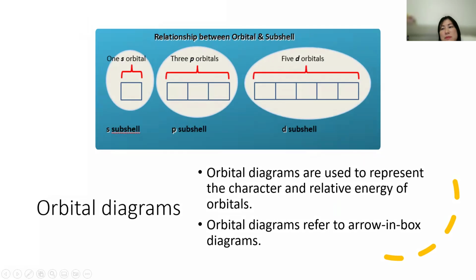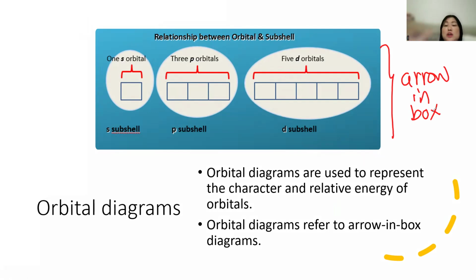Sometimes when they ask you to fill in the electrons, they may ask you to draw them into boxes like this. The name we use to describe these boxes is the arrow in box diagram. So when the question says draw an arrow in box diagram, you draw this with electrons inside.